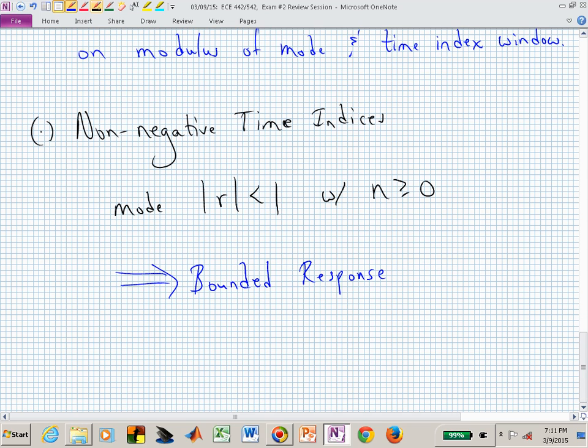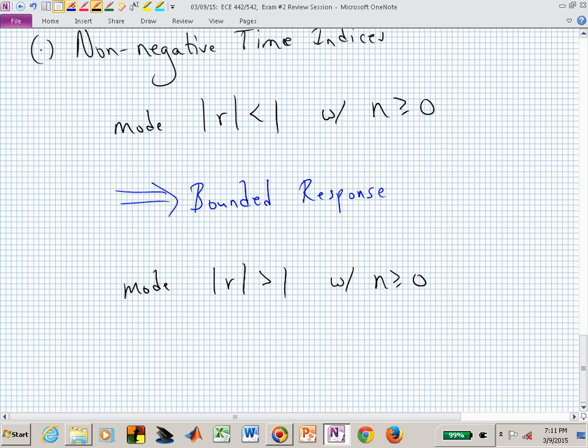If you still have non-negative time indices and some of your poles, it just takes one, have a magnitude bigger than 1, now you have just the opposite behavior. Now you have an unbounded response. Where's your region of convergence for this second case?